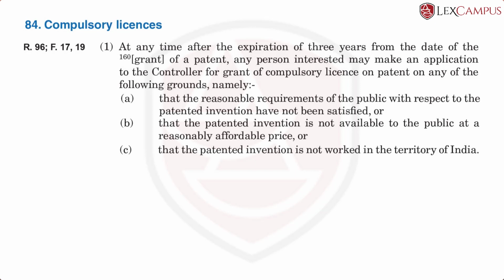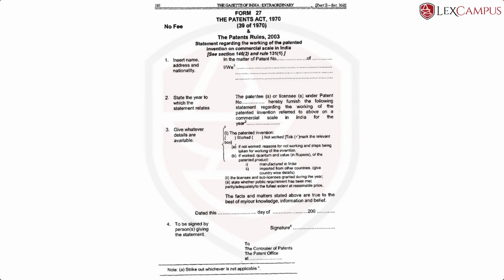Now, working, as I said, is tied to certain other provisions of the Act. There is a requirement that statements of working have to be regularly filed before the Patent Office. Form 27 is the form that is used for filing statements on working, whether the patented invention is worked on a commercial scale.